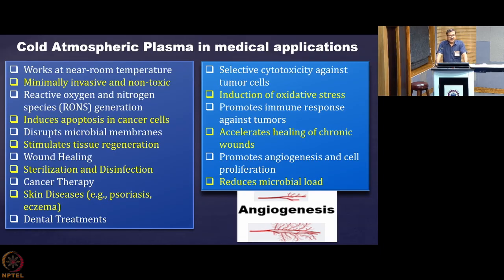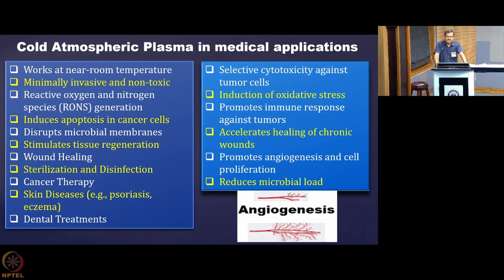They induce apoptosis in cancer cells. So, this is a way by which the cancer cells are killed. They disrupt the microbial membrane. So, this is one route to kill the microbes.